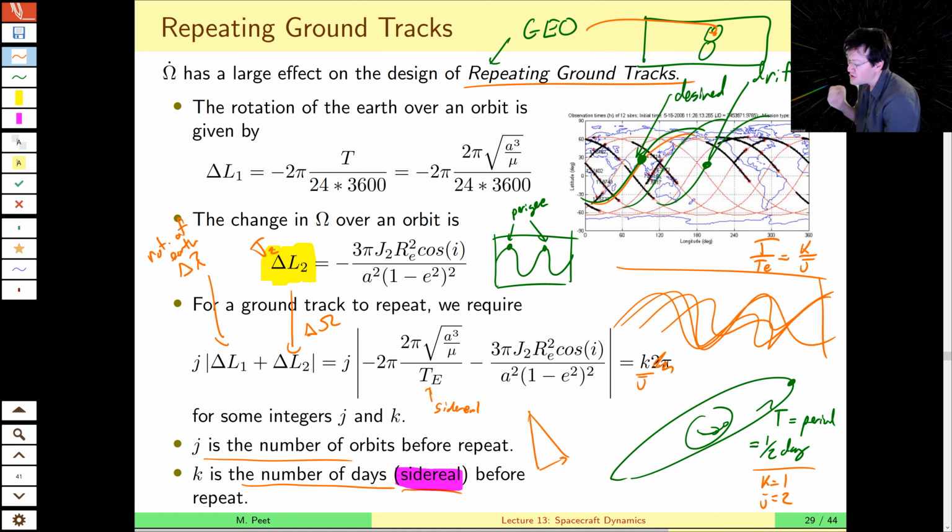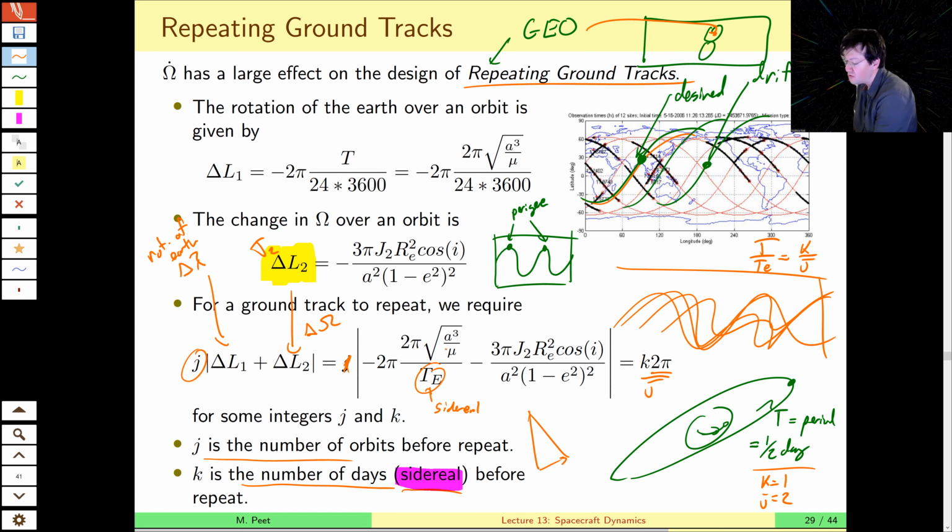Okay. And so actually you want the sum of these two multiplied by the number of orbits to equal an integer times the rotation of the Earth, so 2 pi radians. And so we can just move that over to the right-hand side. We got to solve this equation.